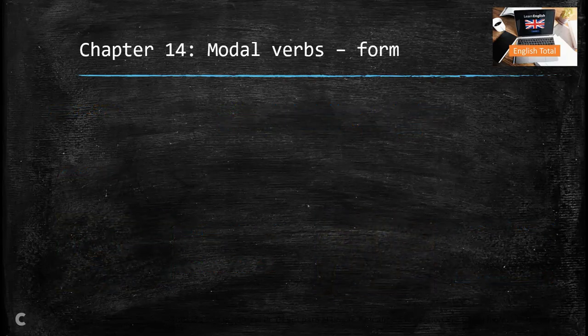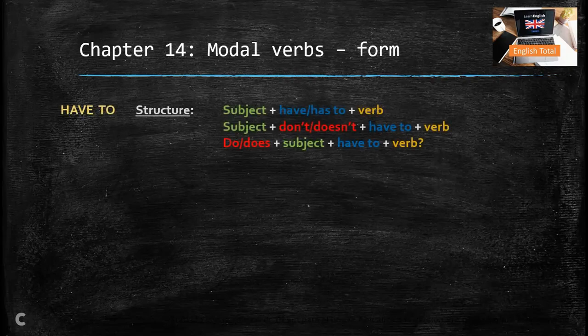Another modal verb we'll talk about is have to. This is the sentence structure. Sentences are formed by the subject, followed by have to or has to, depending on the subject of the sentence, and then the verb in infinitive form. Nothing new really.